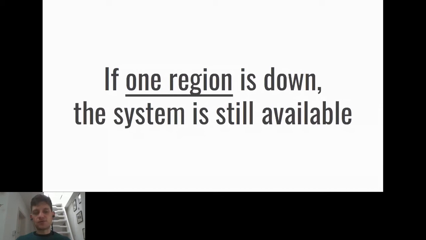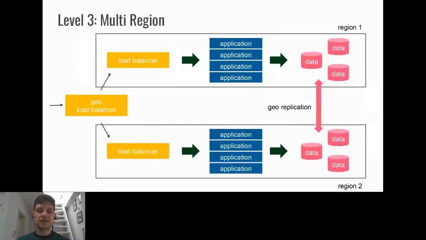You now have something called a geo-load balancer, which can load balance the traffic, taking into consideration the location and the region. Then we will have the same environment in region 1 and region 2: application services, no problem again, and the same databases, the database clusters actually, and the geo-replication between them.